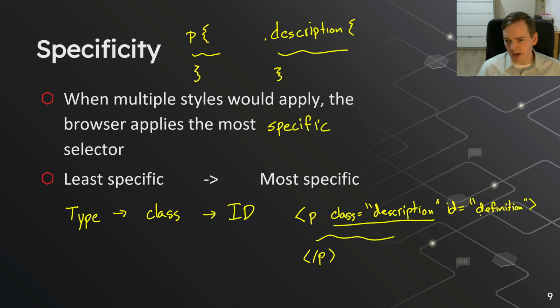And likewise, if you have the ID definition specifically defined, anything in here will overwrite the others. So you can think about it this way: first it'll set all the formatting based on P, then it will change anything based on what is defined for description, and then it will change everything based on what's defined for definition.